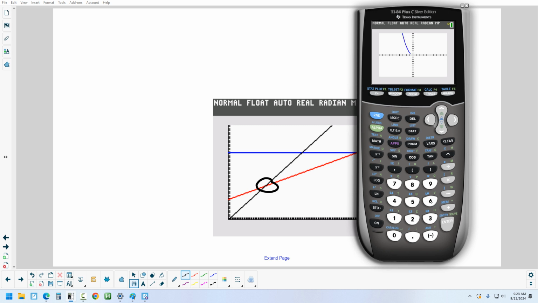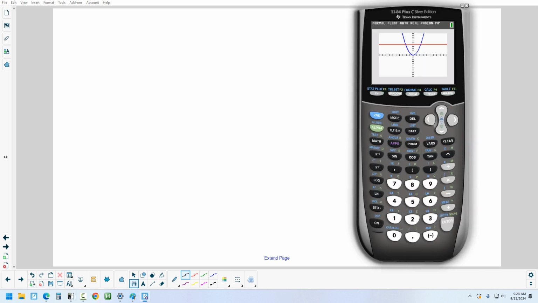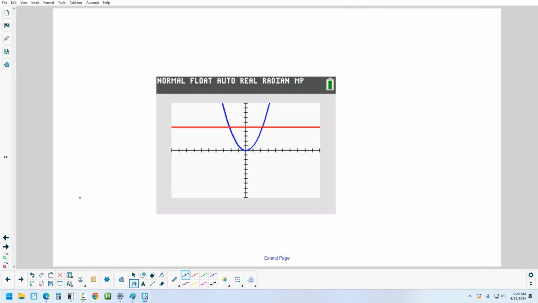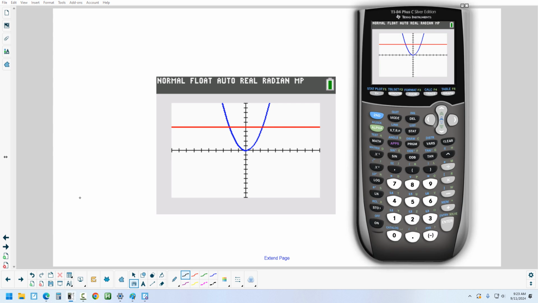X squared is going to be a parabola, and x equals 5 is a horizontal. Okay, this one is a little different. How many times do the blue curve and the red line cross? Twice. So in terms of picking which lines I want to use to find the intersection, there's only 2.